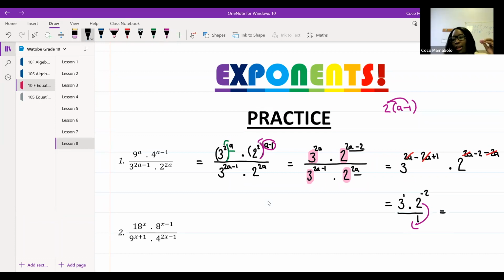So technically what I will have here is 3 over 2 squared. Please don't forget the squared. I see all of you saying 3 over 2. Don't forget that there's a squared there as well. It was 2 to the power of negative 2. So now it becomes 2 to the power of positive 2. So my answer is technically 3 over 4.